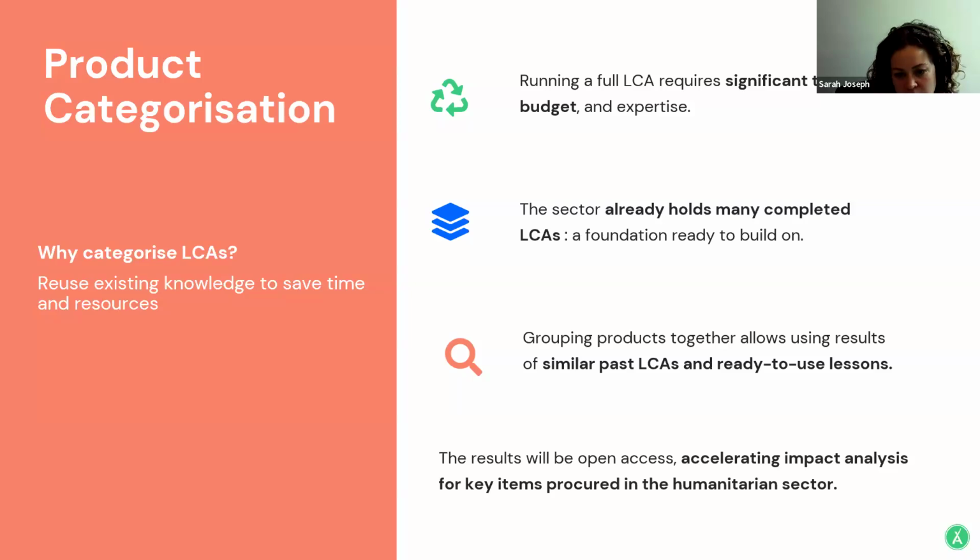When we group the products together, this allows us to use the results of past LCAs and transform them into lessons that reduce the need for practitioners, but also people working in organizations or in regions with limited resources and limited capacity, to conduct life cycle assessments themselves. In the end, the results will be open access, fully available, with the goal to accelerate impact assessment for the key items in the humanitarian sector.